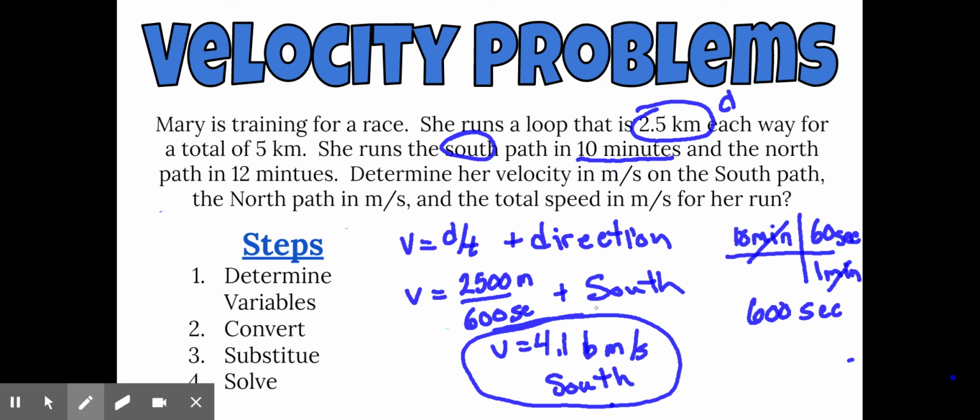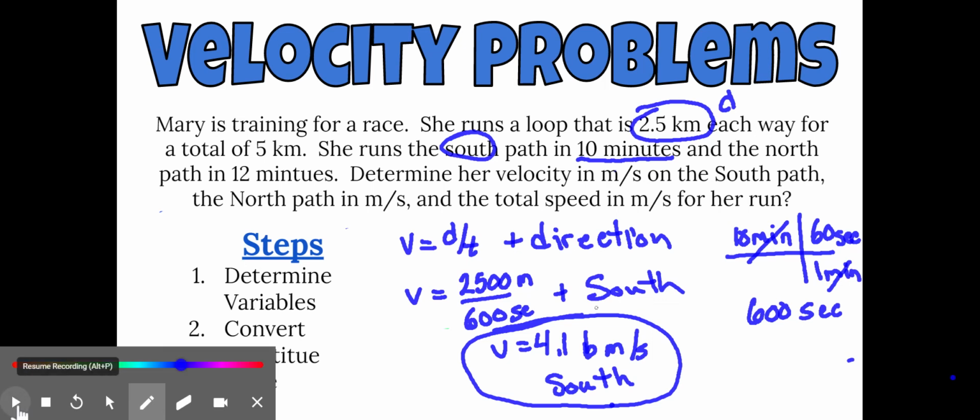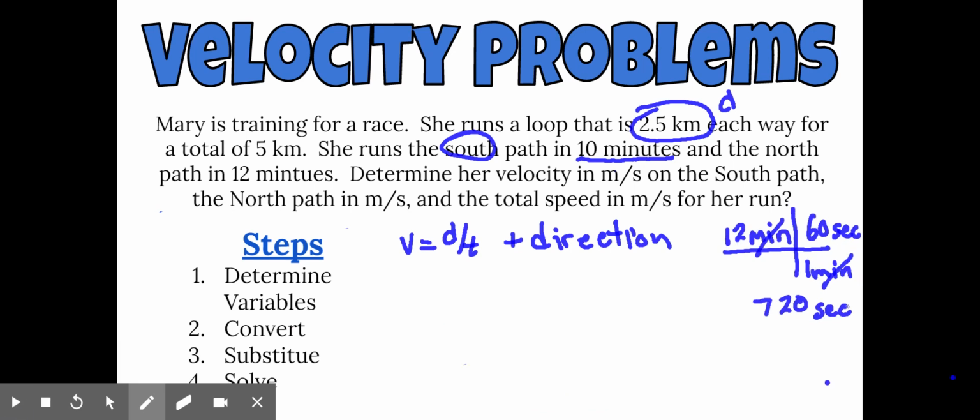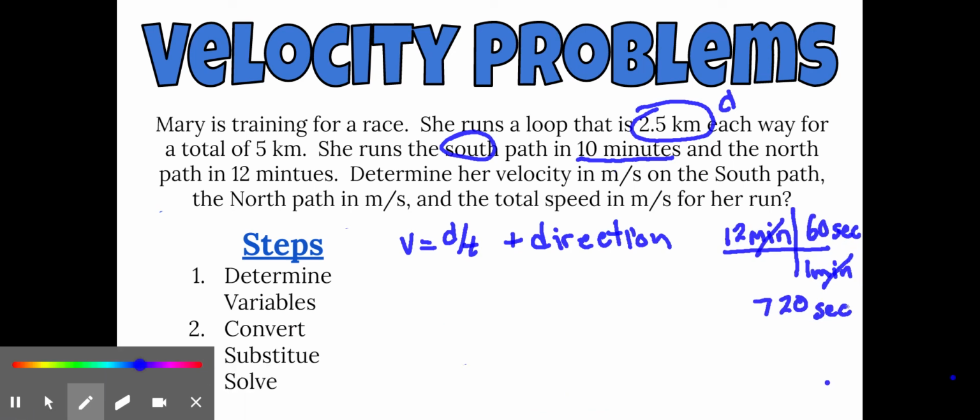So now I can substitute in and find my velocity going north. All I had to do was change my time and my direction, so everything else stayed the same. So I converted 12 minutes into seconds, and I got 720 seconds.